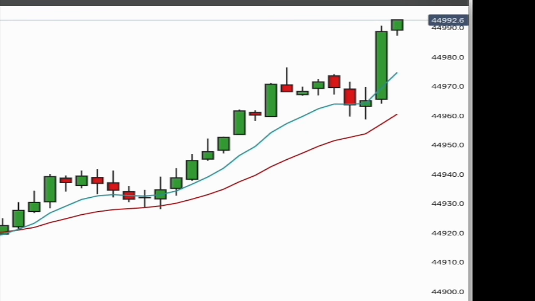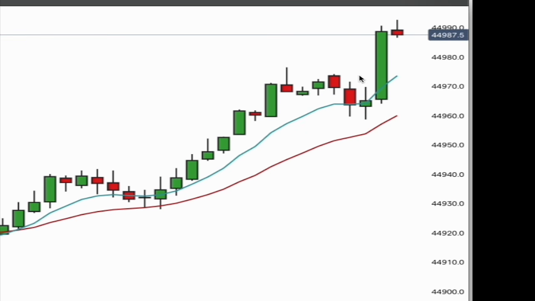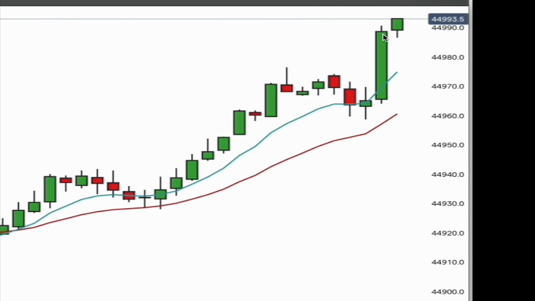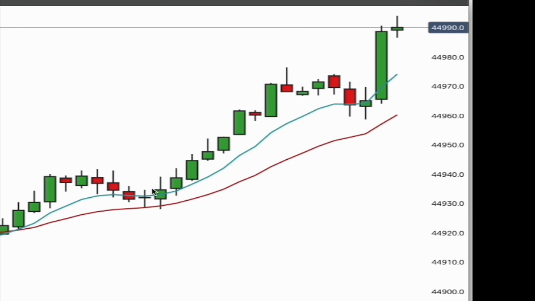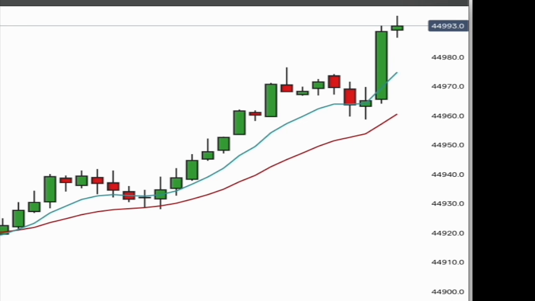And there we go. So end of the candlestick, out. Don't worry about this. We're out of the trade by now. It's way above the 80 EMA now.